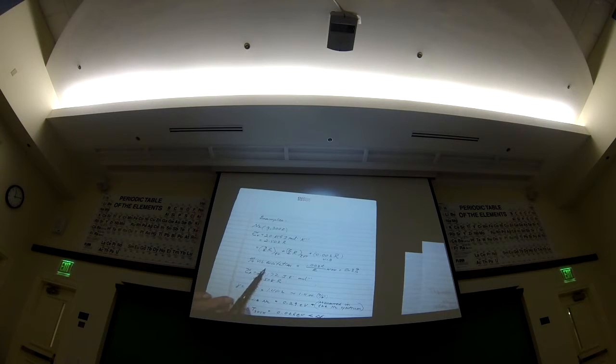So we can say that for nitrogen gas at 300 Kelvin, if it were fully excited, this would be R. But it's 0.003 excited, which means it's 0.3% excitation.